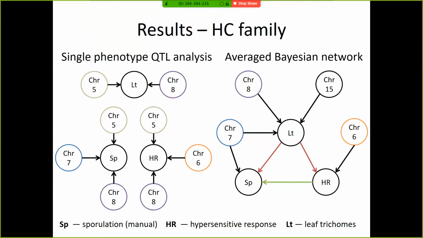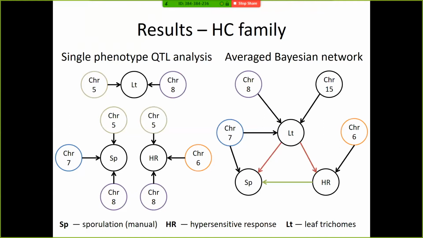We don't know why this is the case, but for the leaf trichome negative effects on the disease phenotypes, it's hypothesized that it forms a physical barrier between the spores of the oomycete and the stomata on the abaxial side of the leaf. And that would prevent spores from germinating.